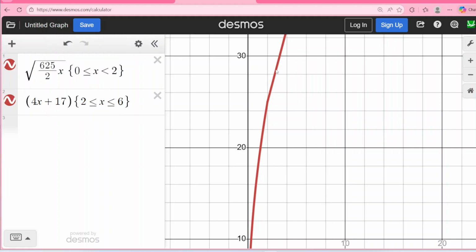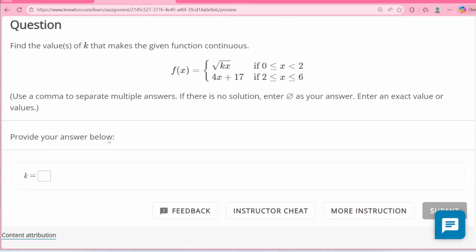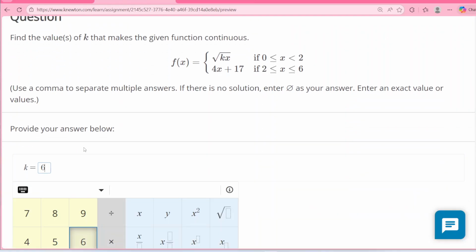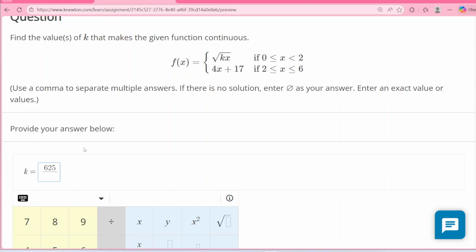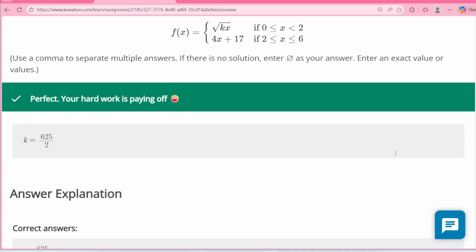So you see how from the right it's approaching 2, 25, and then from the left approaching that same location, right? That point 2, 25, and I'll put it here and label it. See how it's being connected? There's definitely continuity there, but only when k is 625 divided by 2. And that's it. So I'm entering that 625 divided by 2. There's the value of k that will make that continuous.